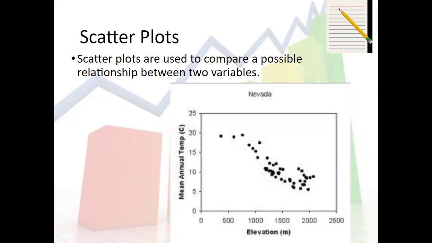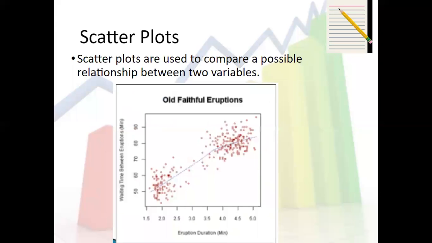And then on the y-axis, which is vertical, we're talking about the mean annual temperature. Okay, so this is how hot or cold it is based on degrees Celsius. So we can see kind of how the temperature goes down as the elevation goes up. So this shows us a good example of when we have the relationship between two different things, when we have a lot of data. A scatter plot does a really nice job of that.